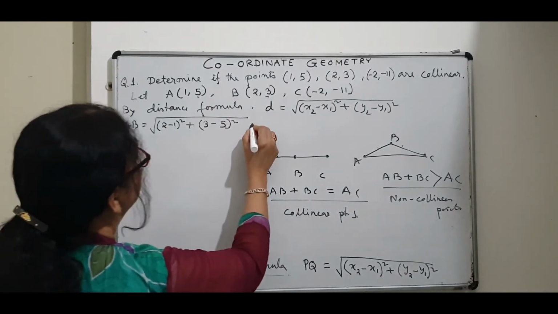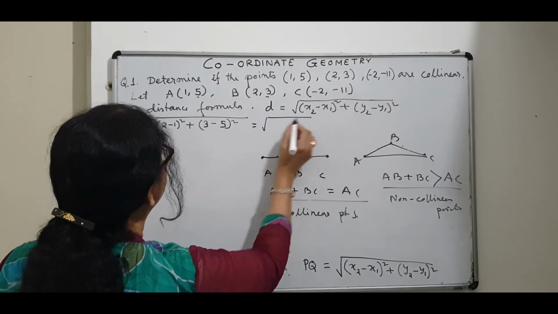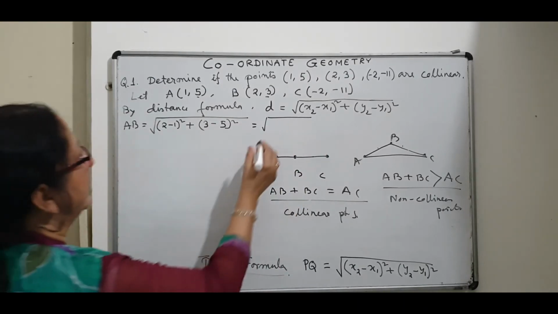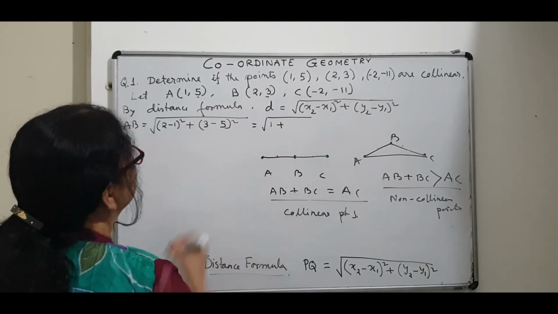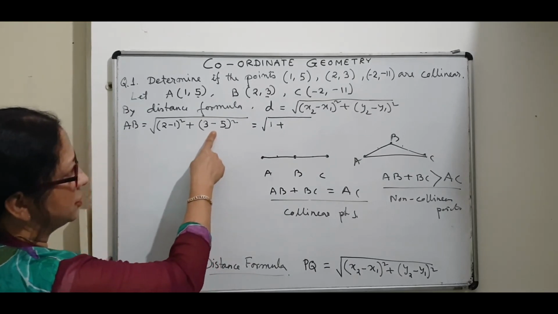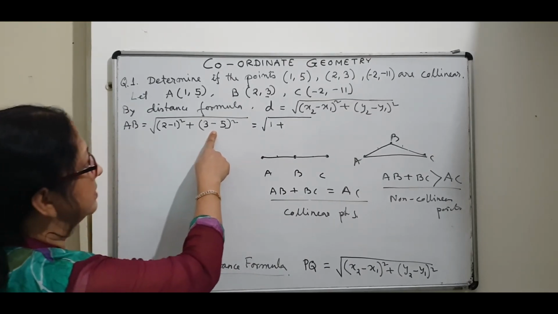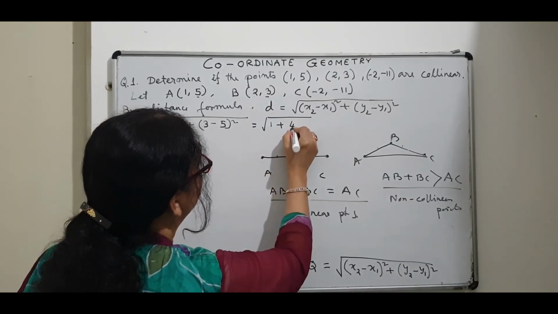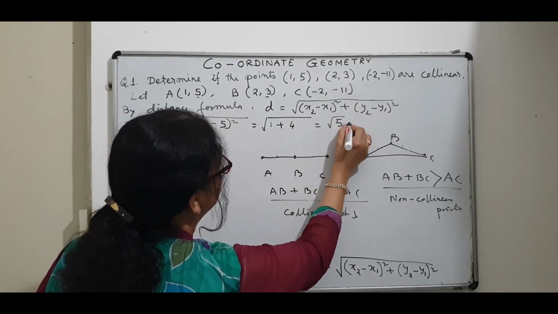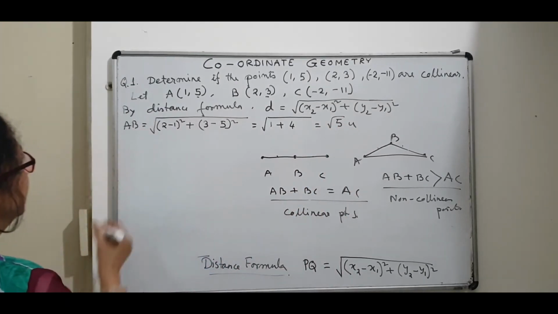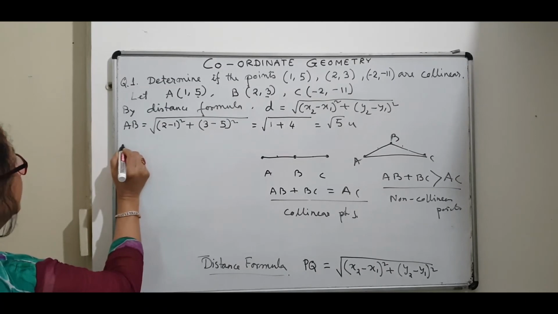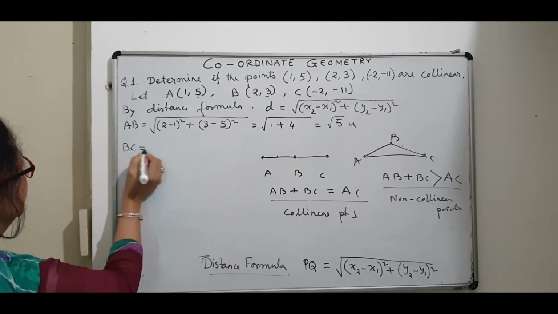So, what is the value? Under root 2 minus 1 whole square, that is 1, plus 3 minus 5 is minus 2 whole square, which is 4. So it is root 5 unit. Okay. Then let me find out BC, the distance between the points B and C.